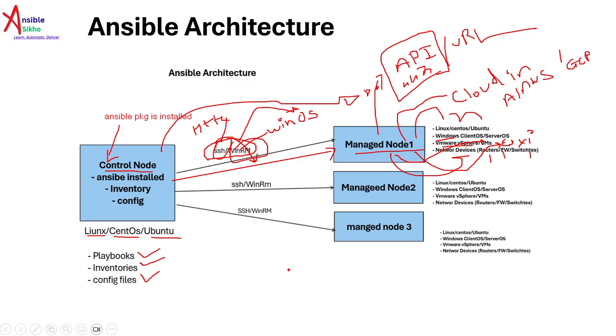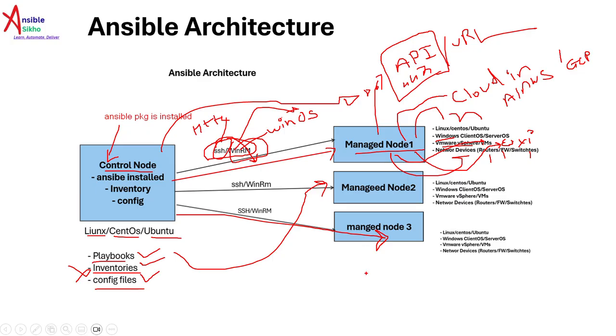The architecture says that whatever playbook is written and whatever inventory it holds, as per the configuration file, it runs the modules on all the target nodes available in the inventory. Whatever target node is not mentioned in the inventory will not have any kind of execution, because it is not going to establish an SSH connection to that managed node.